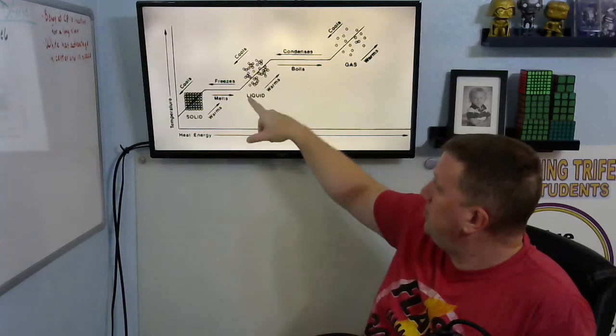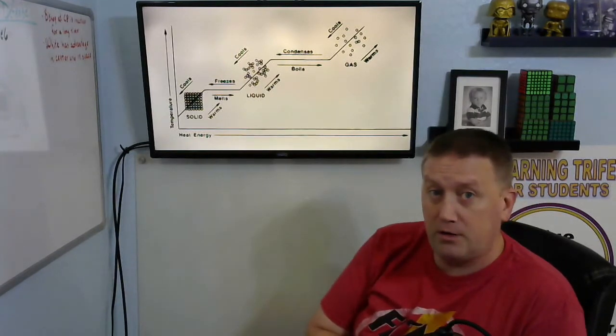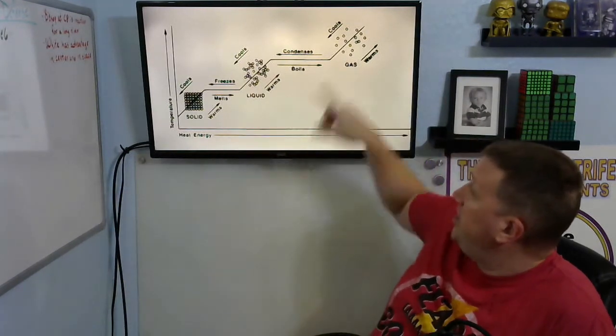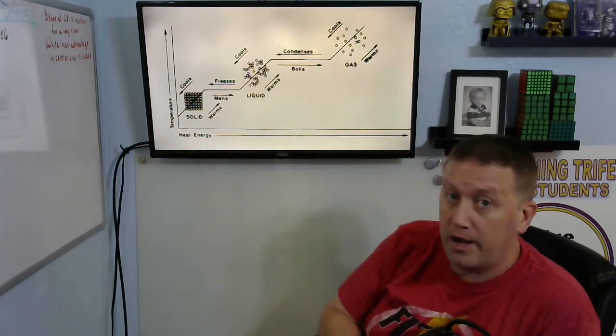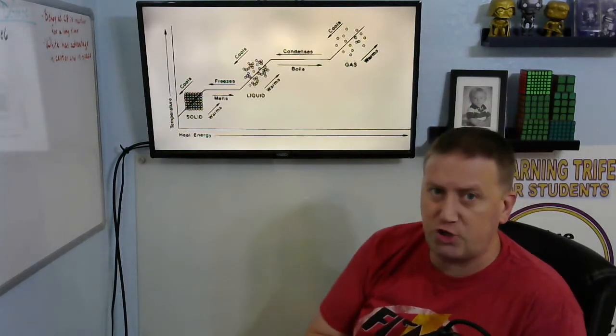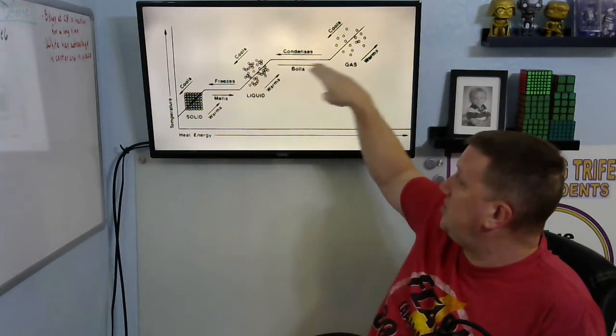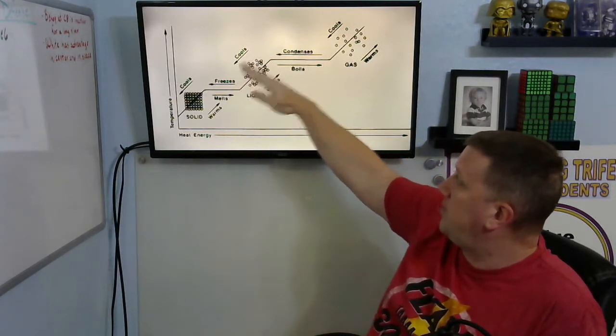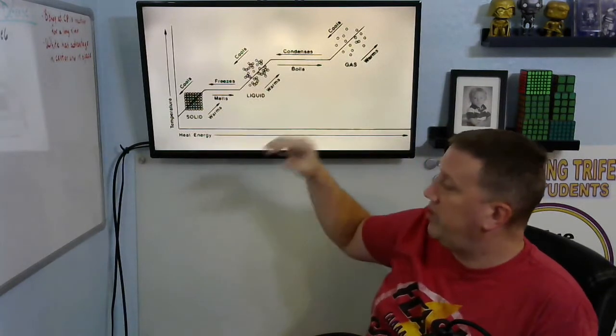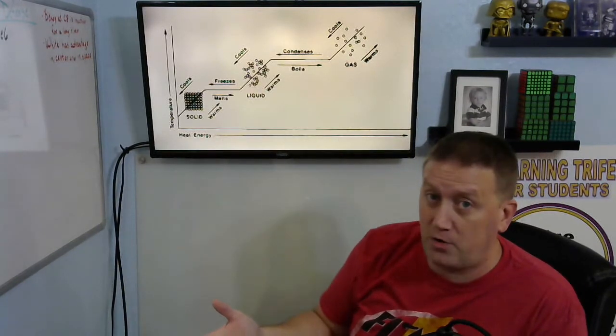So over here, as the liquid changes into a gas, again we have a plateau. The temperature of that substance remains constant as it's changing from liquid to gas, from solid to liquid, or in any direction that it's going.